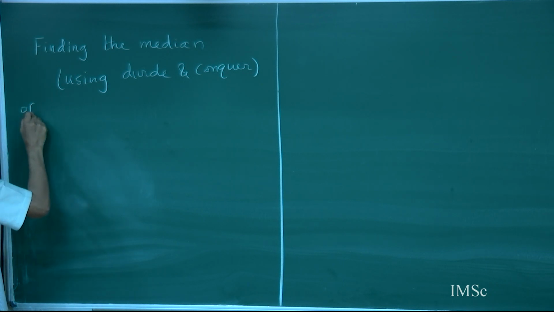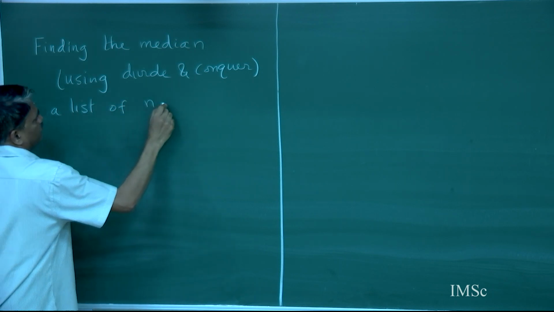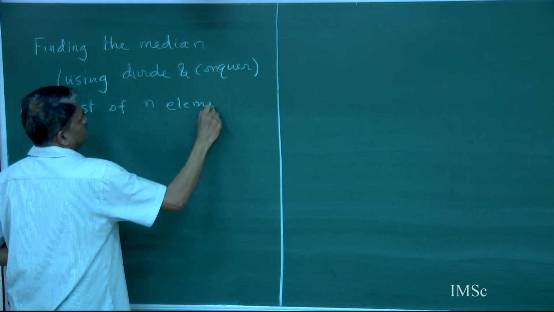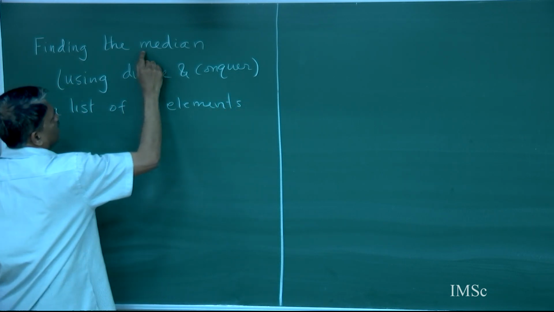I want to find the median of a list of some n numbers. So median number is an element of rank n over 2.